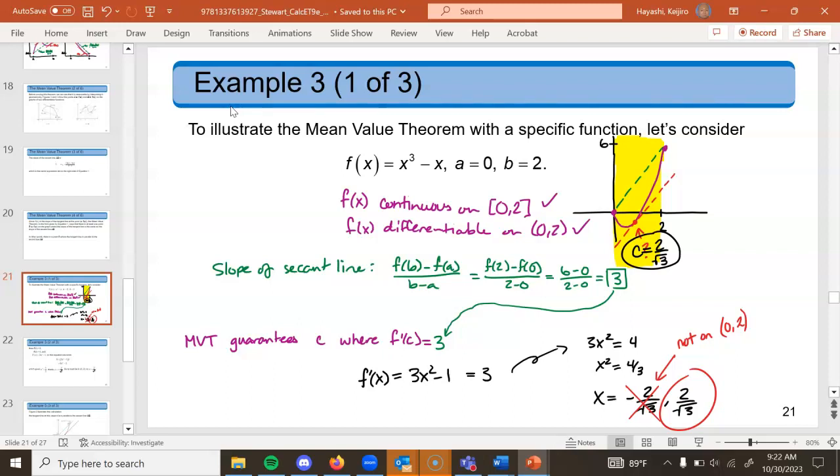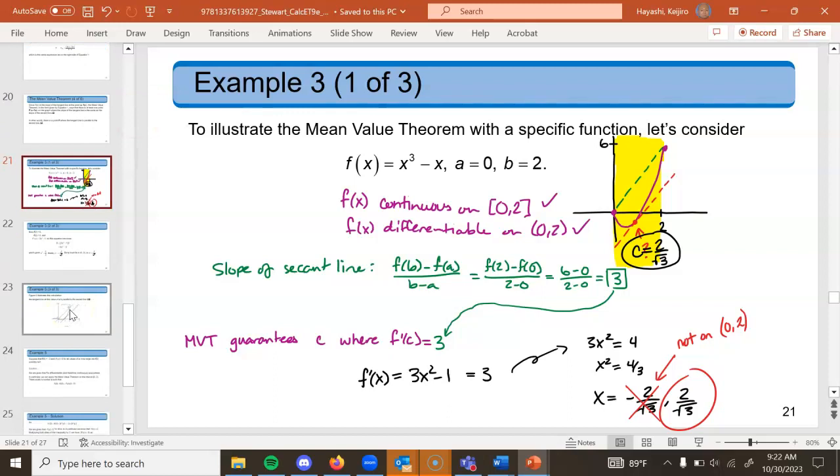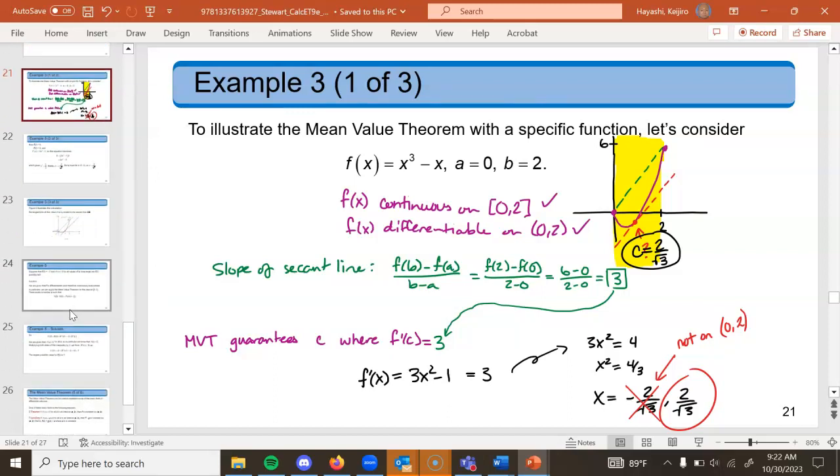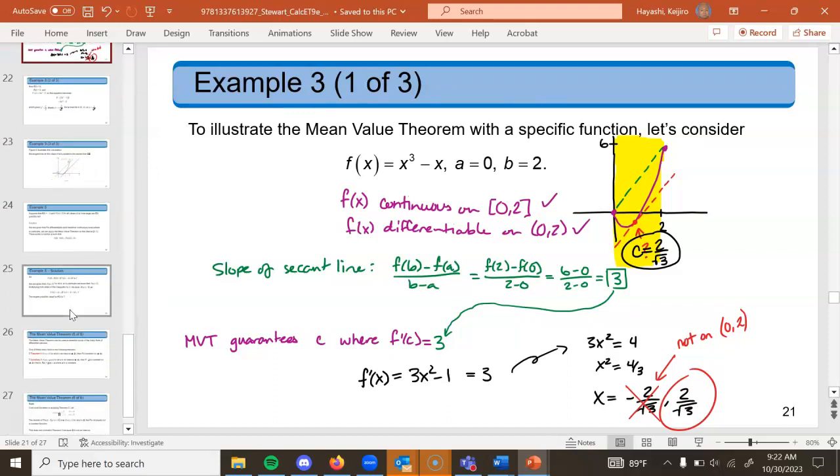But it doesn't matter how you write it. But the existence of that, even if you can't find it through algebraic methods, the existence of such a point on the graph is guaranteed by the mean value theorem.